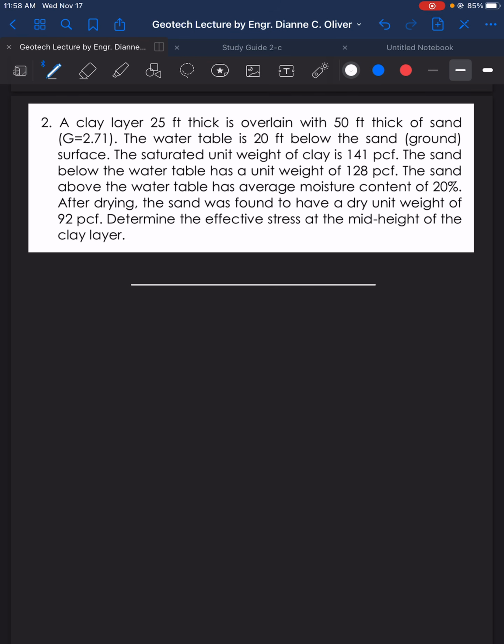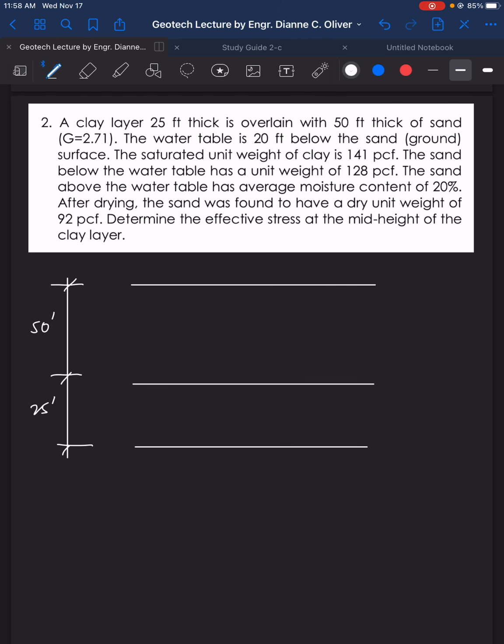So let's make it longer. So 50 feet. Then here is the clay, 25 feet, and this is sand, and then this is clay.